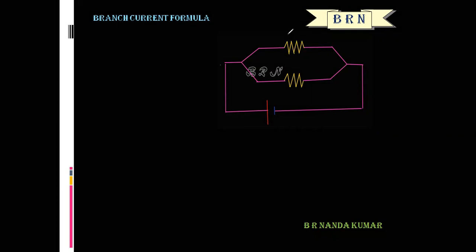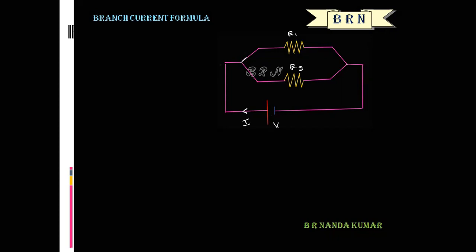Here let us consider the two resistors R1 and R2, both connected in parallel. Let us consider V to be the applied potential difference across this parallel combination. So I is the main current, drawn from the positive terminal of the battery.